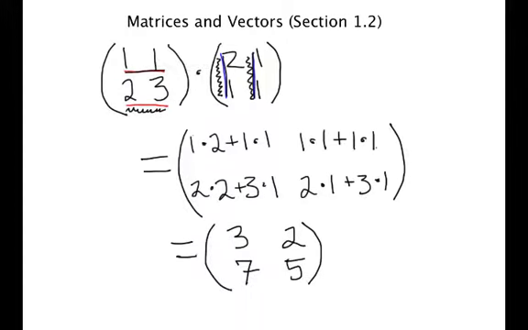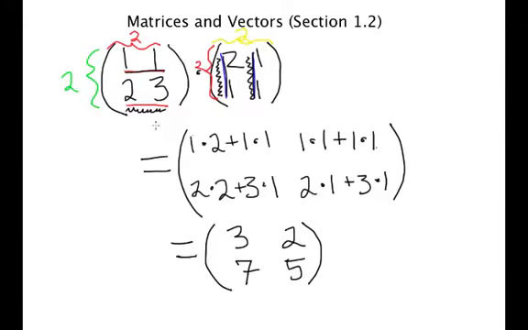Okay, so in this example, I'm going to label the number of columns here as 2, and the number of rows here as 2, and I'm going to label the number of rows here as a green 2. And let's label the number of columns here as a yellow 2.